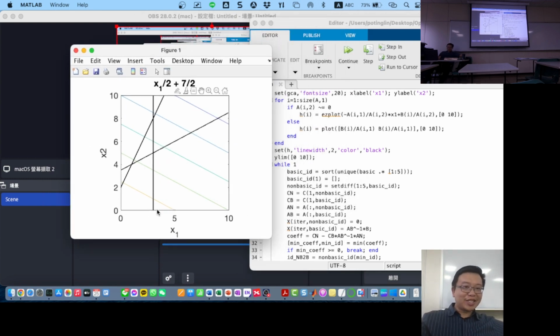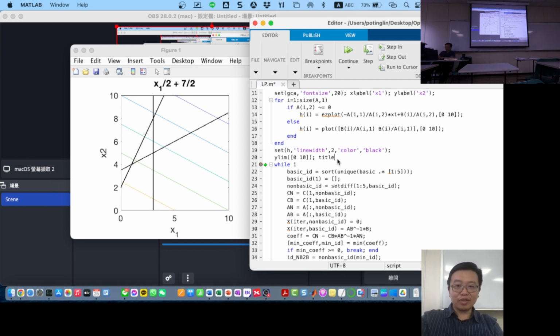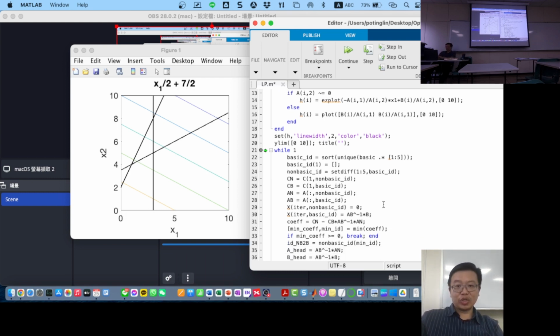So this is the design space, okay? And I'm gonna say title empty. And whenever there's a solution, I'm gonna draw a dot over there. So whenever I have this X space, when I have done with this, I can plot the X iteration, first one, and then X iteration, second one.